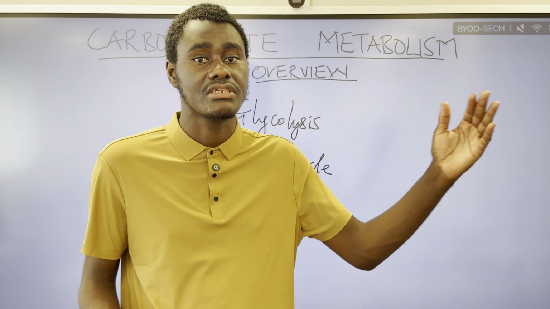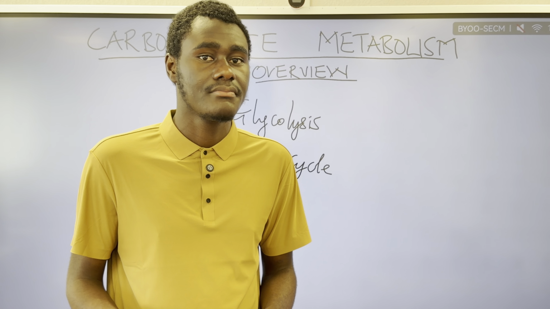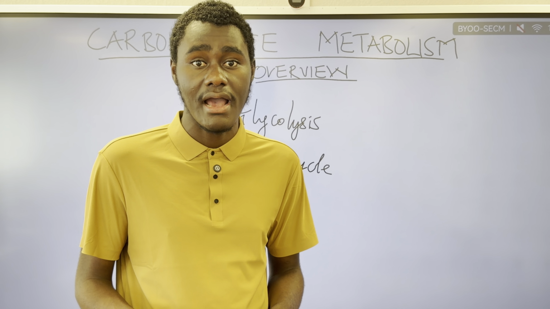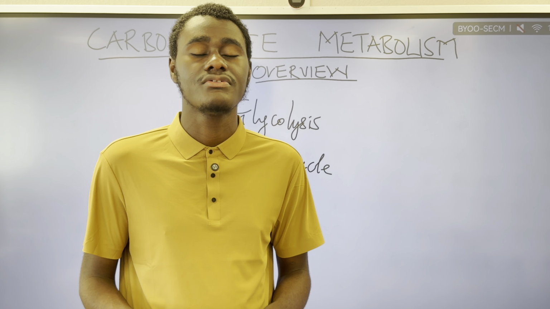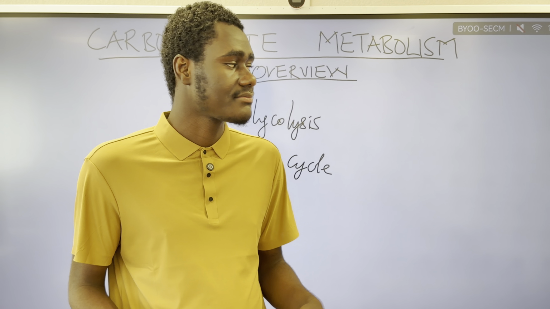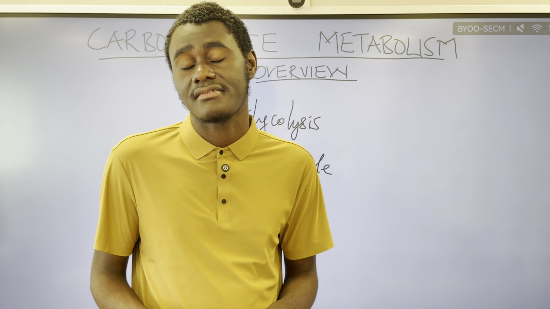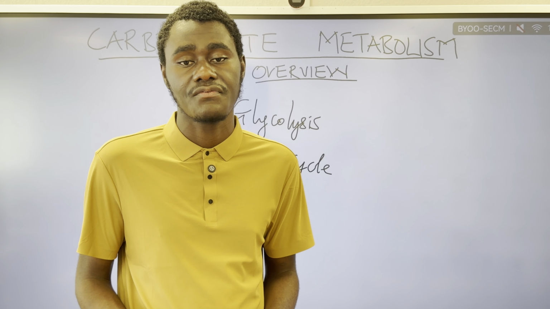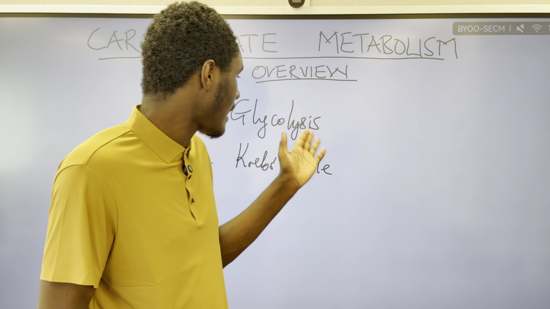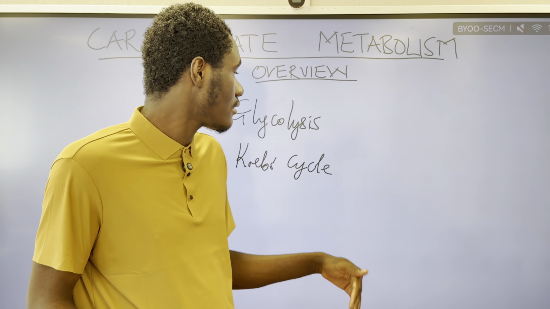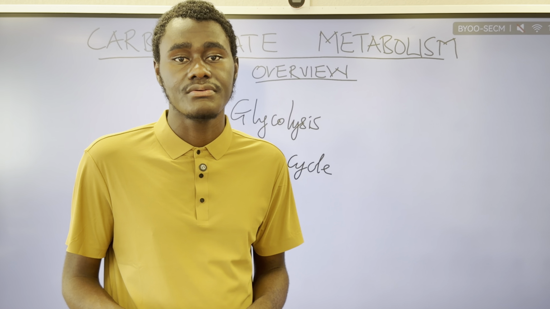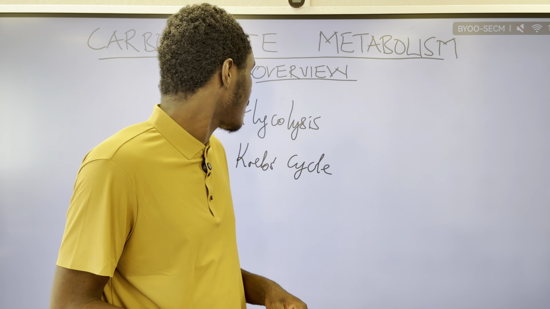They are the primary source. Of course, fats can provide more energy in the form of ATP than carbohydrates, but our body does not go straight to fats. They first of all use glucose as the main source of energy. So glycolysis and the Krebs cycle are very important pathways which are used in carbohydrate metabolism.